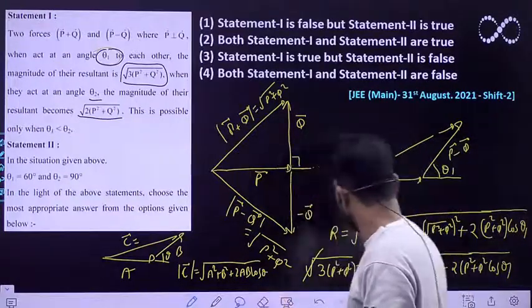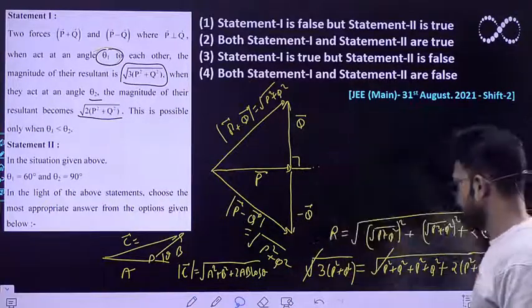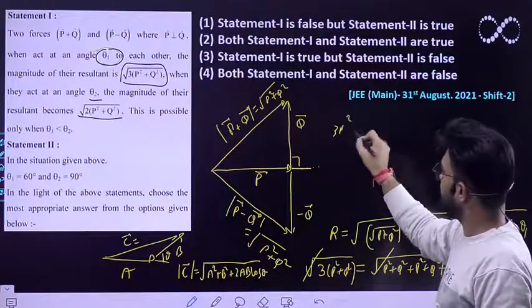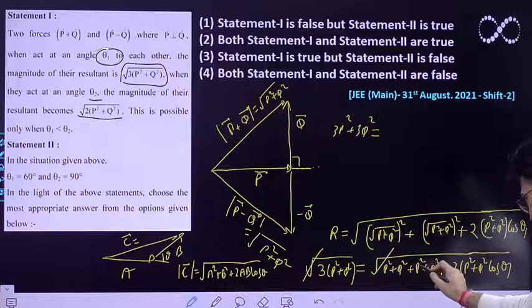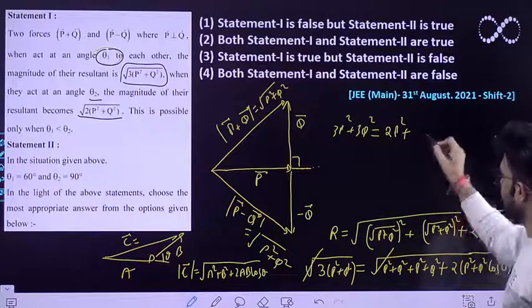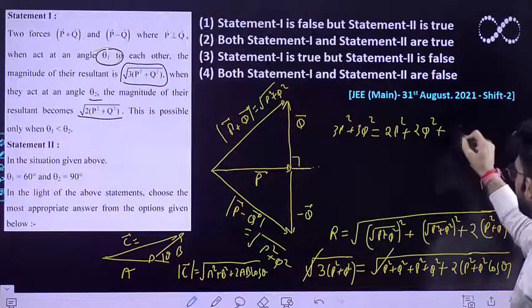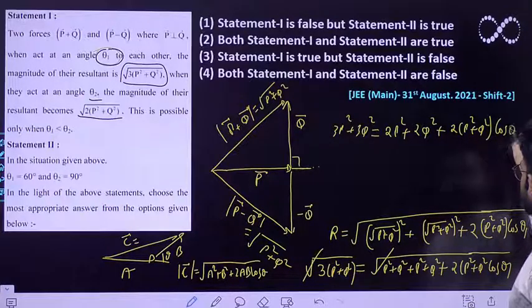So again we'll be solving it. So here it would be 3P square plus 3Q square. Again here it would be P square plus P square, which is 2P square, plus Q square plus Q square, which is 2Q square, plus twice of P square plus Q square into cos theta.